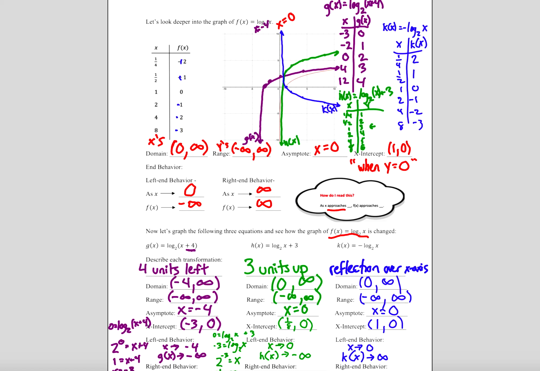If I look to the right of k of x, x is approaching infinity, but the output k of x is going down, so k of x approaches negative infinity. So that's a lot of dissecting the graph of a logarithm and the transformations.